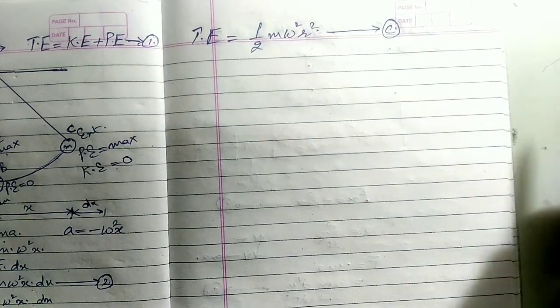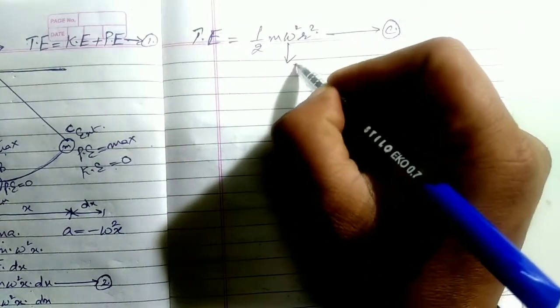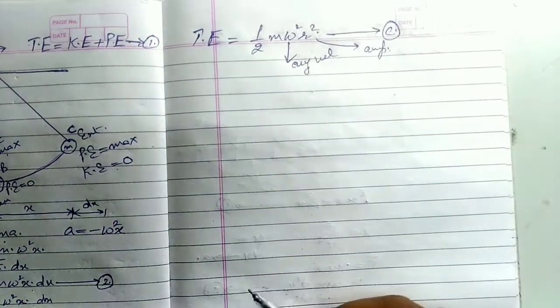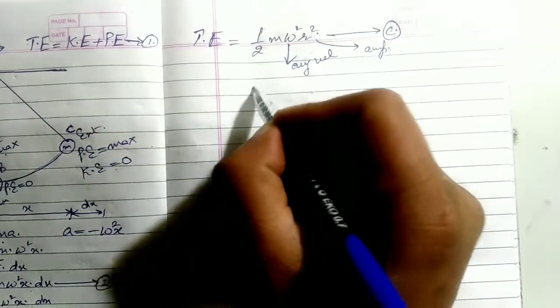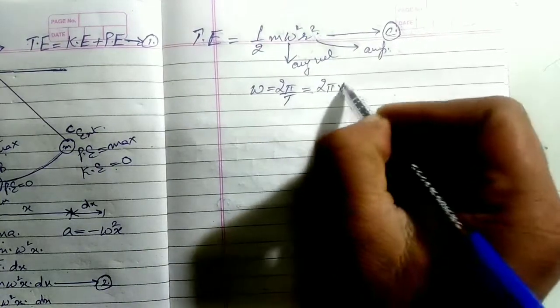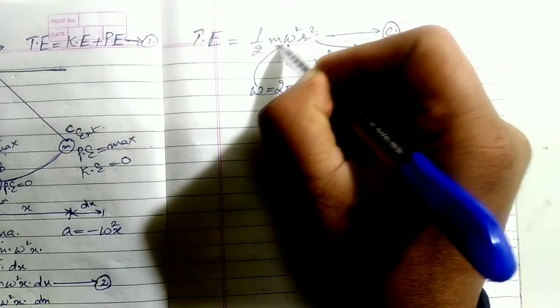Okay, so if we have to find the total energy, it is in the form of angular velocity, and r is the amplitude. Okay, so omega is equal to 2 pi by T, that is equal to 2 pi nu, where nu is the frequency. We can put the value of omega here.